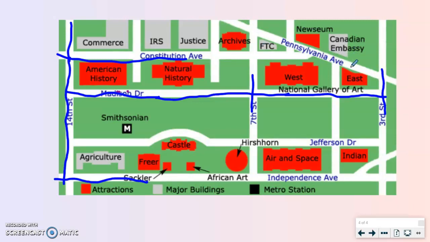Pennsylvania Avenue just intersects with 3rd Street and 7th Street. So you could take Pennsylvania Avenue too to get there. It's just not creating right angles up here. So this would be just an intersection, not necessarily perpendicular.